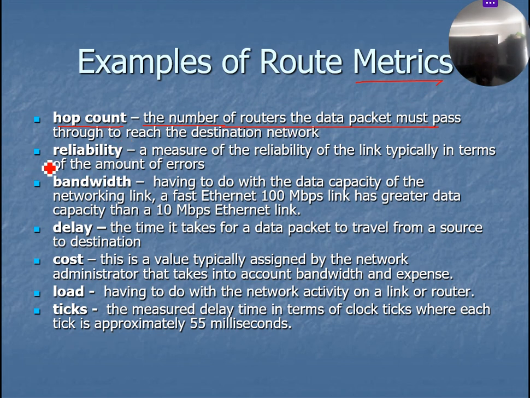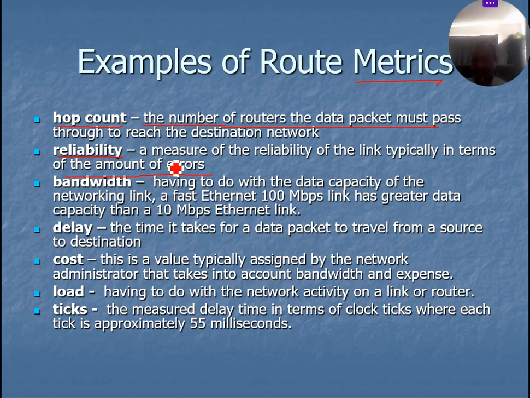The second one is reliability. Reliability is a measure of the reliability of the link, typically in terms of the amount of errors. Put in very simple terms, reliability is the mean time before failure, the statistical mean.